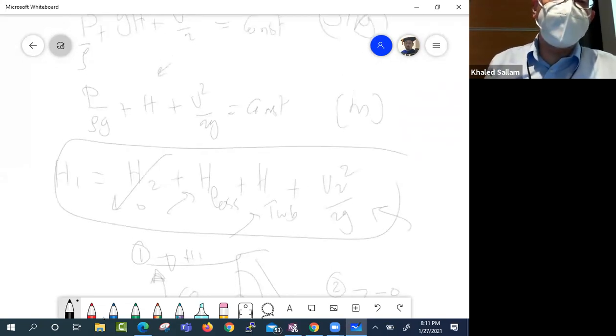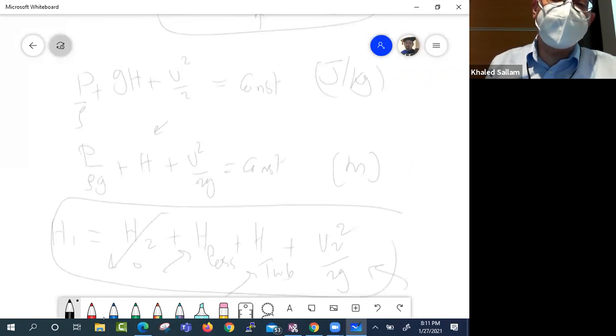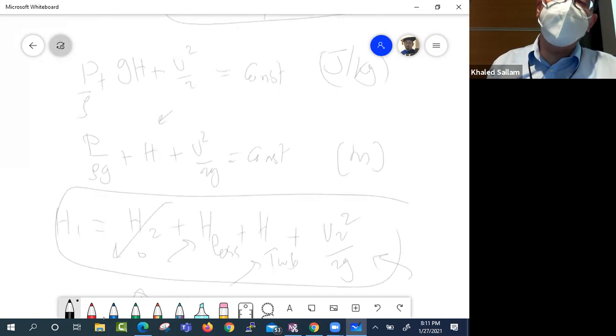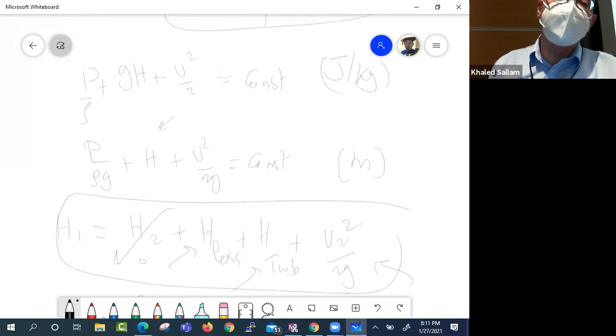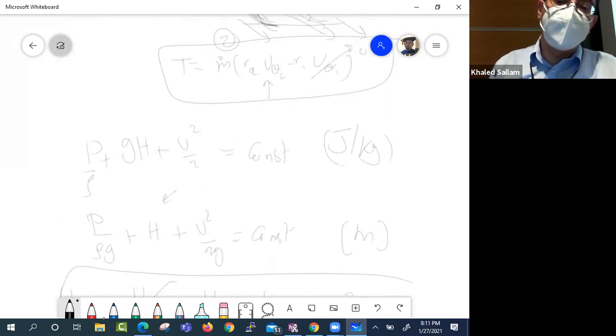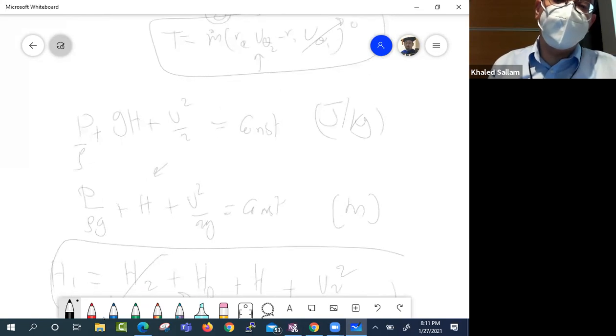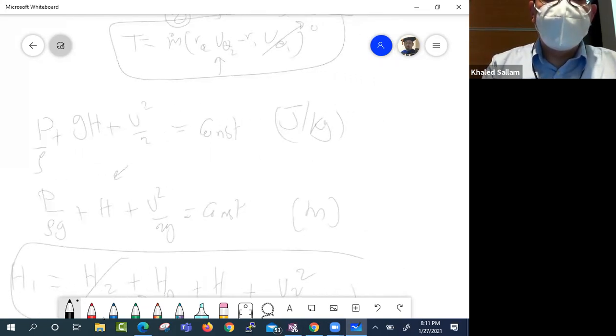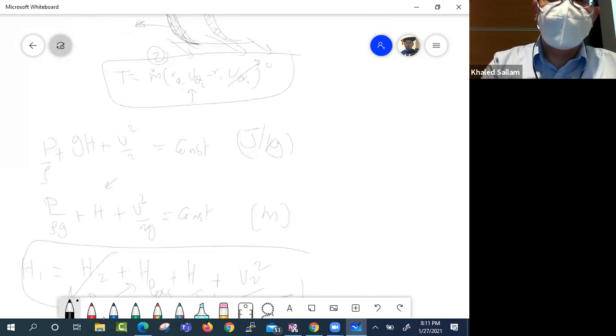Okay, what's the third way to write the Bernoulli equation? You can write it in joule per kilogram, or you can write it in meter, or you can write it as any other way. Have you seen it in fluid one? They can write it in pressure.